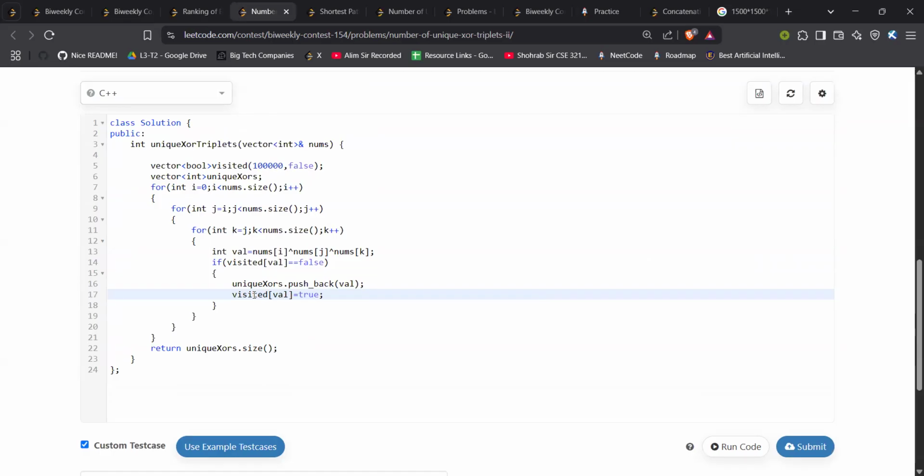what if we just, first of all, take all possible double values and find the XORs of them, so there are like 1500 into, yeah.